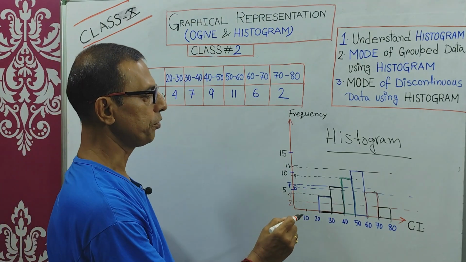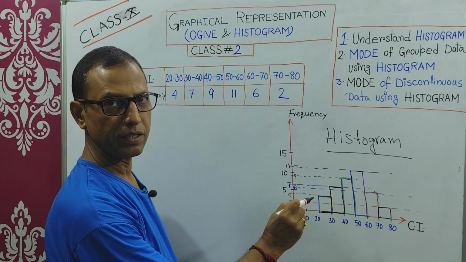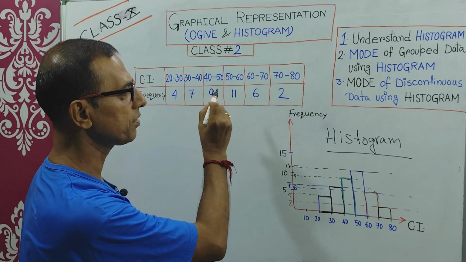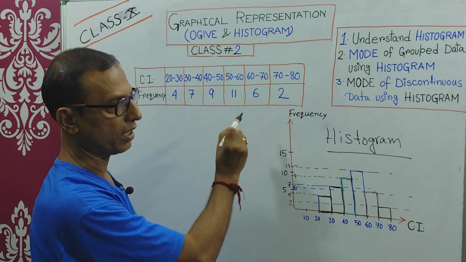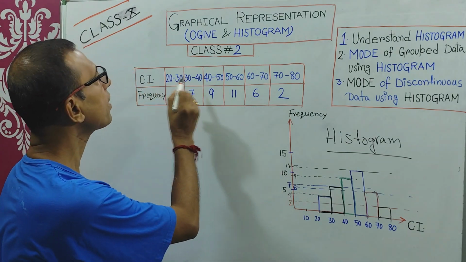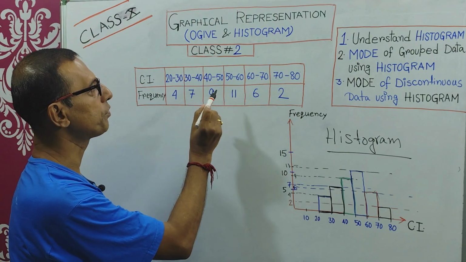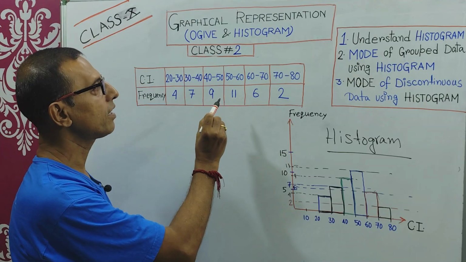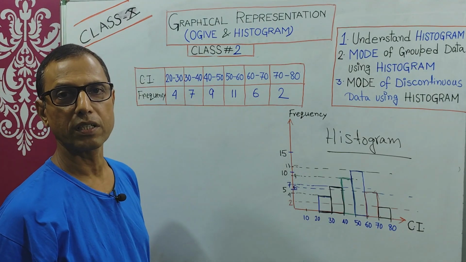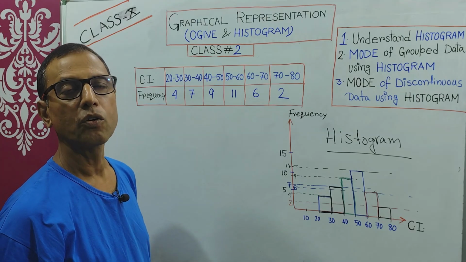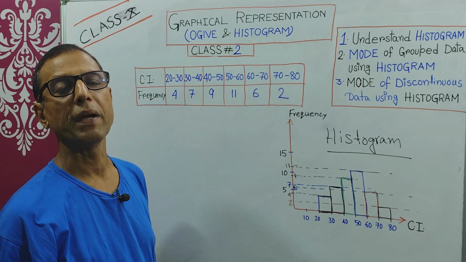Now I will show you how you can determine the mode for continuous data or such grouped data using a histogram. From the tabular data itself, just like when we identify the median for a continuous data set, we first find the median class.